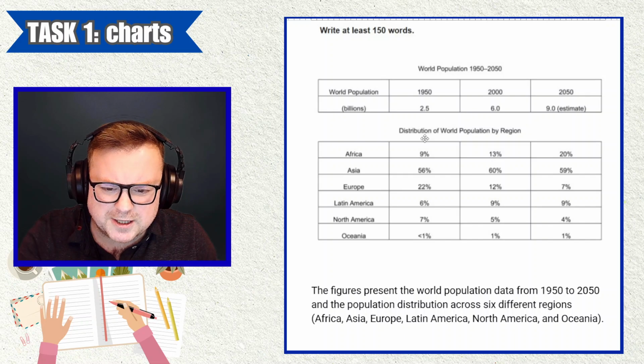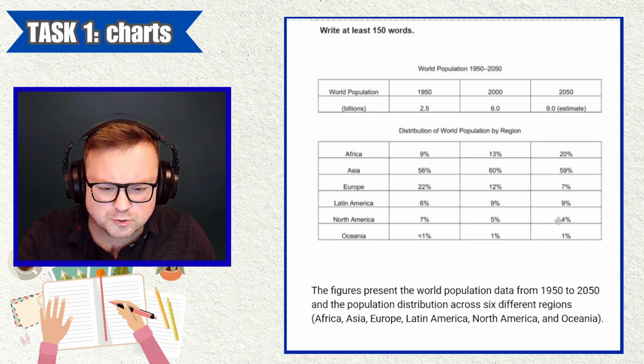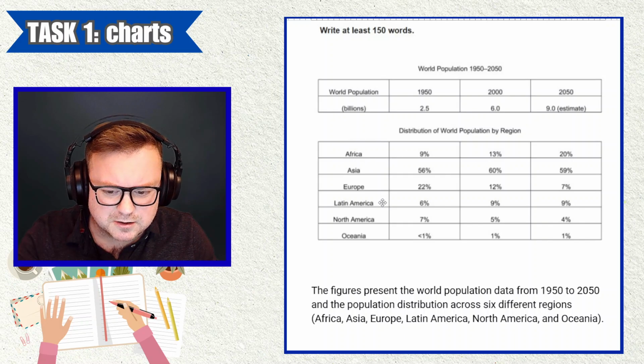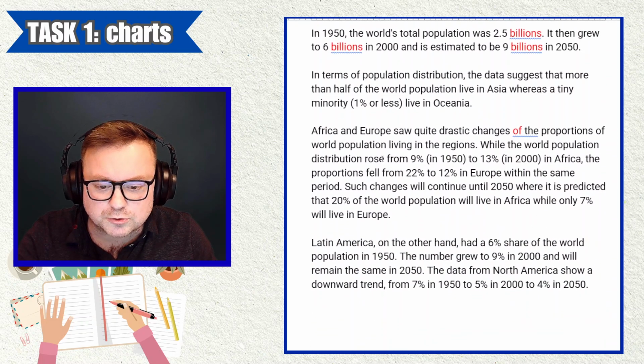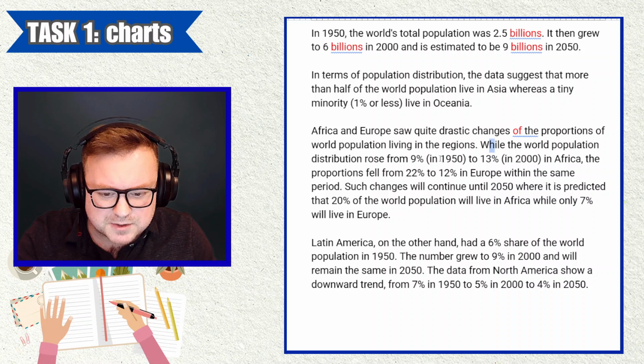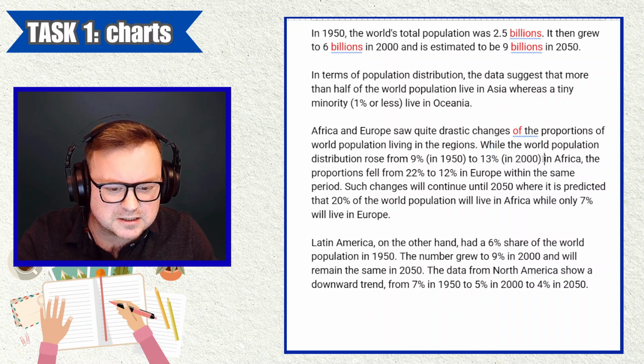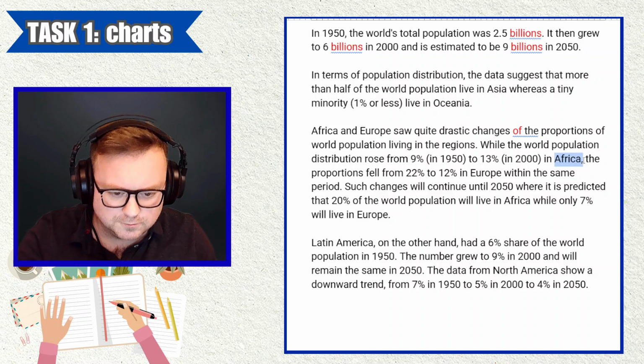Distribution is what percentage? I mean, it can rise in Africa. Do we have in Africa? Ah, we do. While the world population distribution rose from 9% in 1950 to 13% in 2000 in Africa. Cool. Yeah, that makes sense.